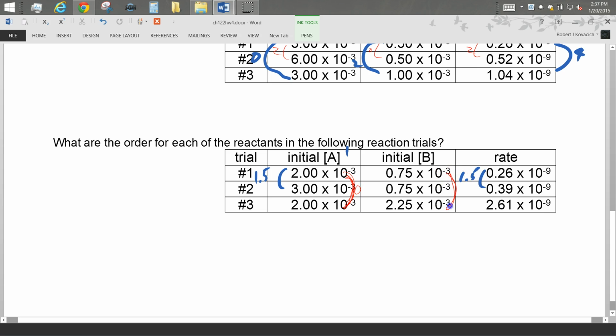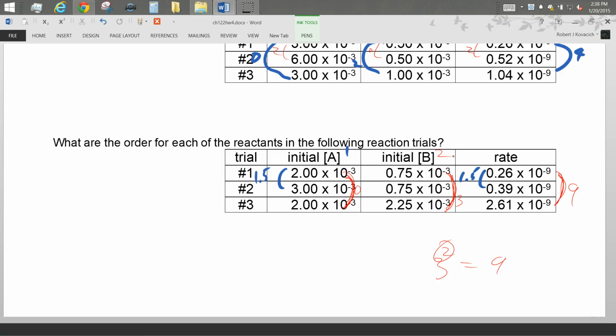And here, I've got a 3 time change for the concentration, but this rate from 1 to 3 changed by a factor of 9. So 3 equals 9 when it's squared. So again, second order with respect to B. We go with that? That's not a 10 now?